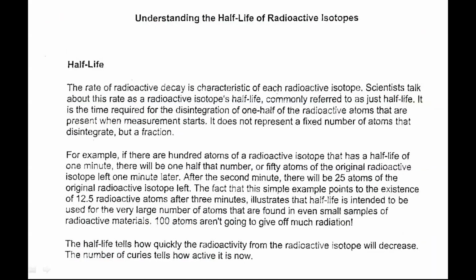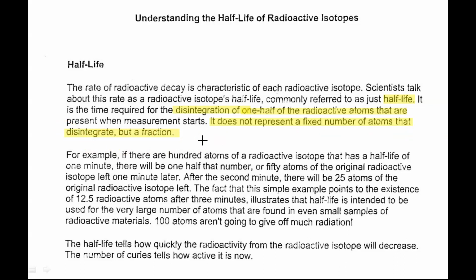All right, so we are back to our slide here. The half-life of a radioactive isotope will tell us what period of time is necessary for 1/2 of the radioactive atoms to disintegrate, to decay, to be gone. It's important to remember that this number does not represent a fixed number of atoms that disintegrate, but a fraction, okay?